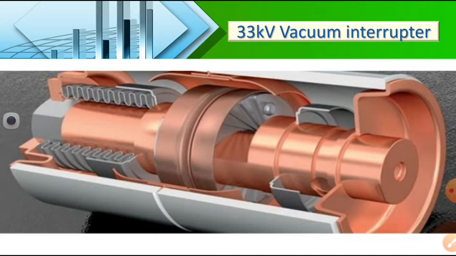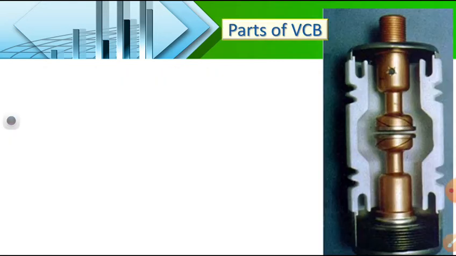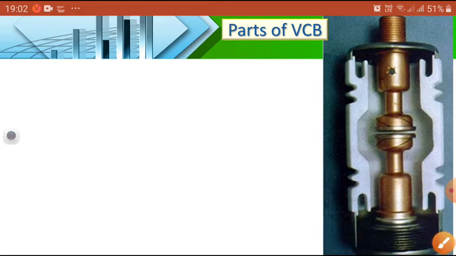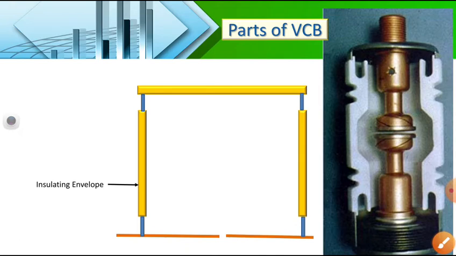Let us first see the parts of the VCB. This is one interrupter. If you open it, what is happening? This is a rod. You can see what the parts are. First, the insulating envelope.